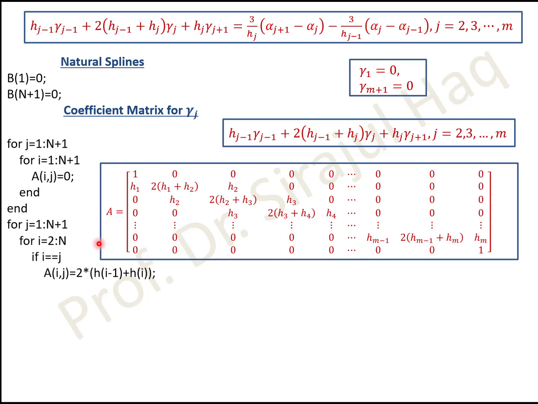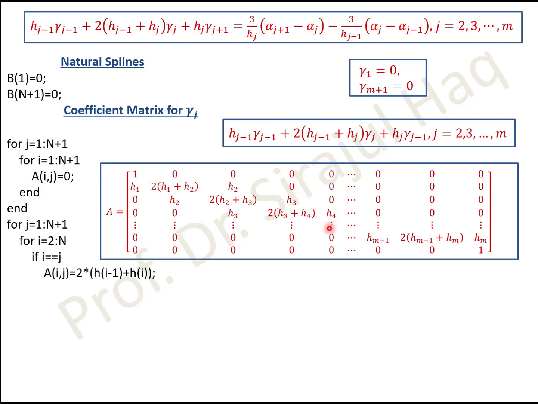So with the help of this line, I replace the zeros on the main diagonal by these values. You can see it over here, straightforward. On the main diagonal, the entry is 2 into h(j minus 1) plus hj, which you can see over here. This is below the main diagonal and this is above the main diagonal.